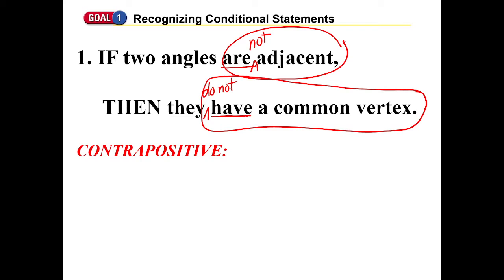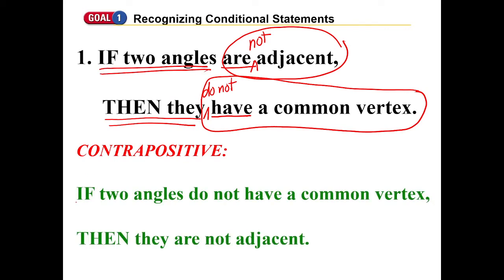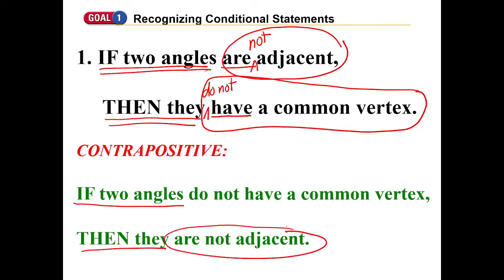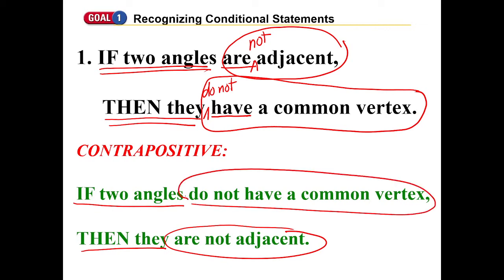Then, okay. So, tanawa ha, nagpabilin ni siya if two angles o then they. Ang gi-interchange, ang are not, nabalhin na siya diri sa ubos, sa then. Ang do not have, nabalhin na sa if part. Okay? Kasabot sa contrapositive example number 1.